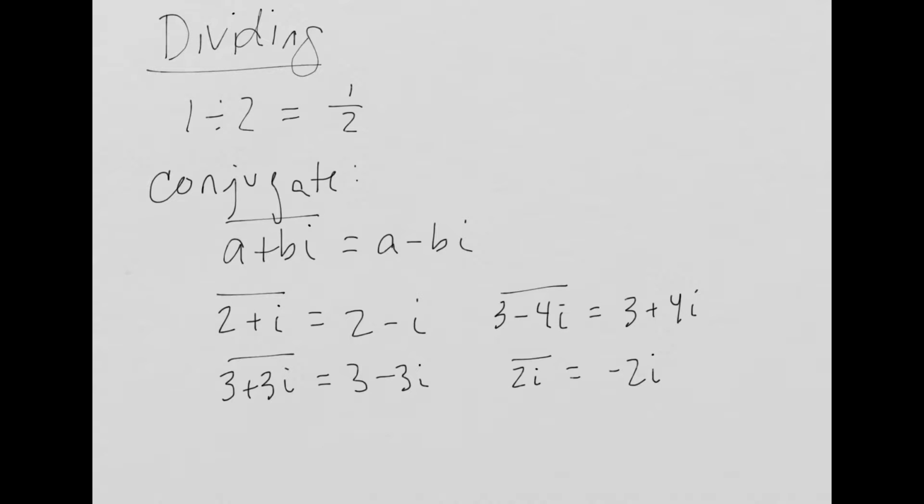Okay, so now that we know that dividing can be rewritten vertically, and we also know what the conjugate is, now we're ready to divide. So let's say I'm dividing 1 plus i divided by 2 minus 3i. Now the only thing you're allowed to do in terms of multiplication is multiply by 1.